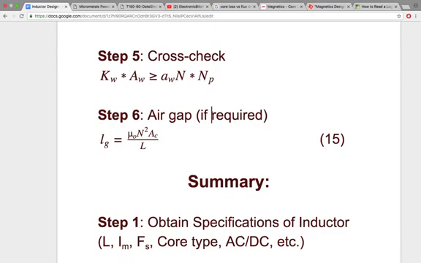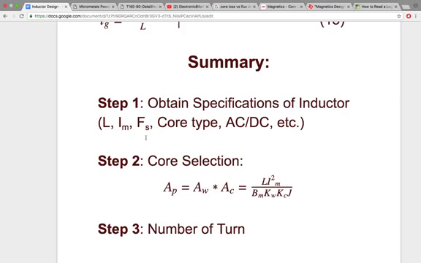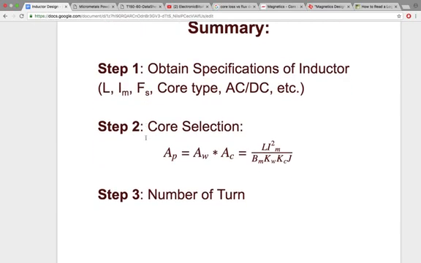So as we discussed earlier, if an air gap needs to be introduced, then this is the basic formula which we can use for finding the length of the air gap. Okay, so let us summarize the steps which we have discussed.